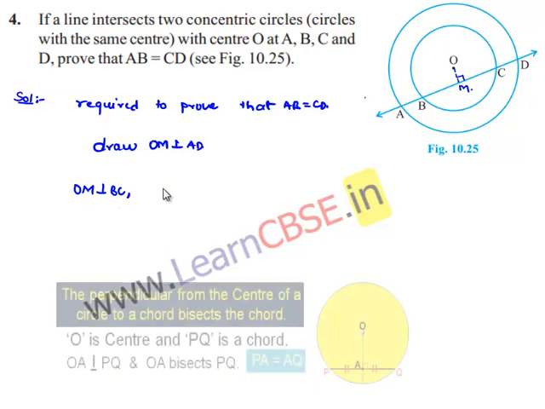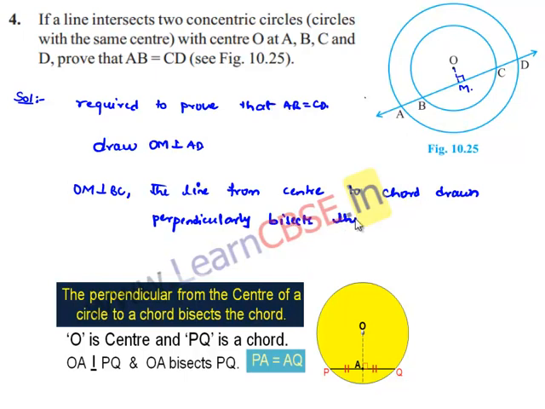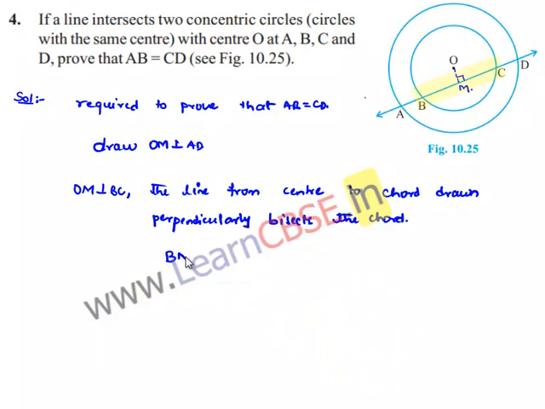Then we know that the line from the center to the chord, drawn perpendicularly, bisects the chord. Therefore here we can say that BM is equal to MC.